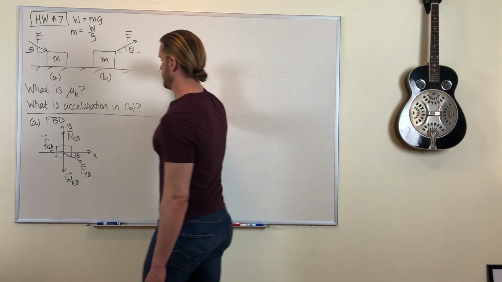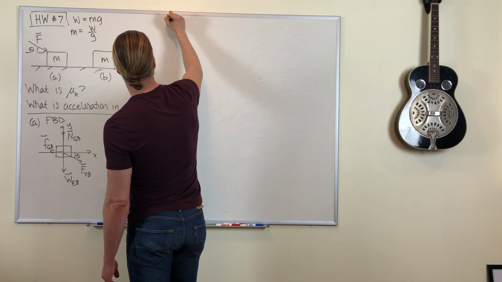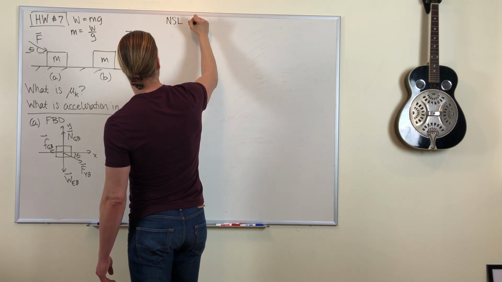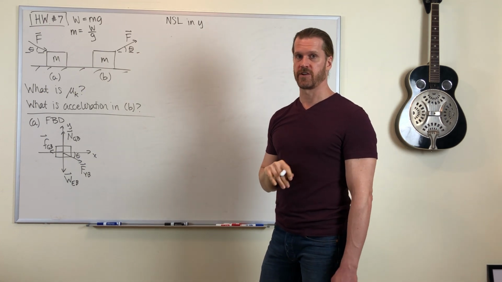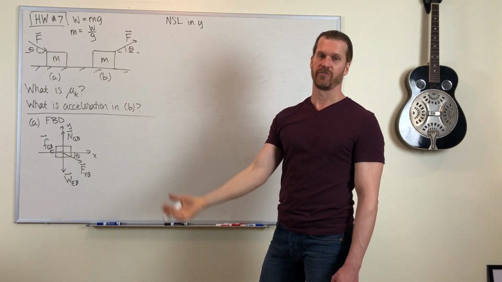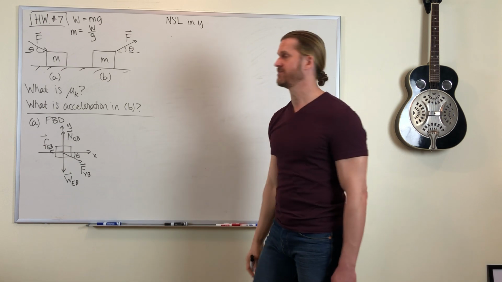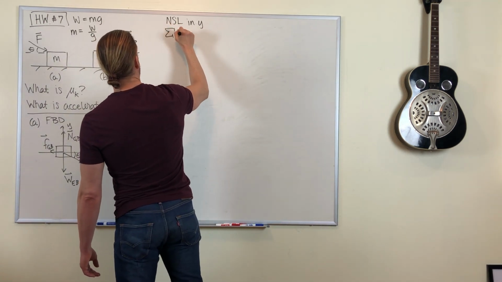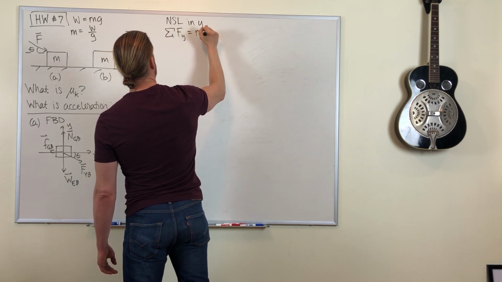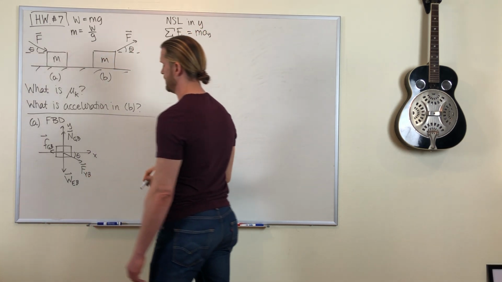Okay, so let's do Newton's second law. Because we're dealing with friction, we do need to look at the y direction so we can get the normal force, so we can figure out the friction force. Sum of the forces in y equals m a_y.